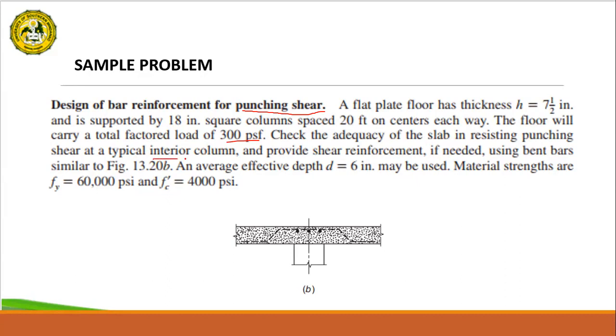So yung titingnan natin yung interior column, no, kung ano dapat yung adequacy of the slab in resisting punching shear. Kasi ang interior column mas mabigat ang load that is carried by the interior columns, no, compared with the exterior columns, and provide shear reinforcement if needed.